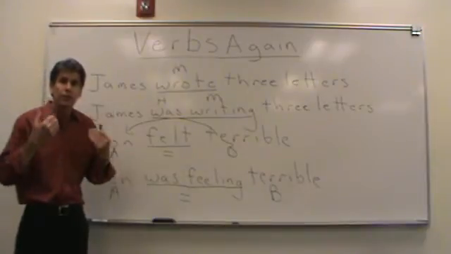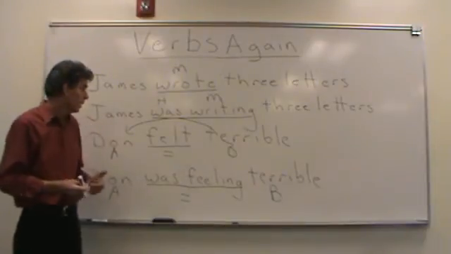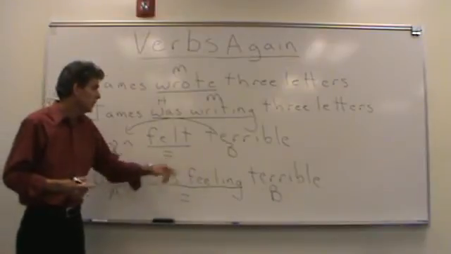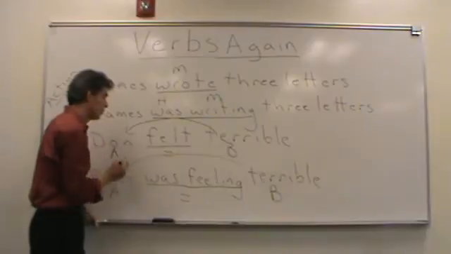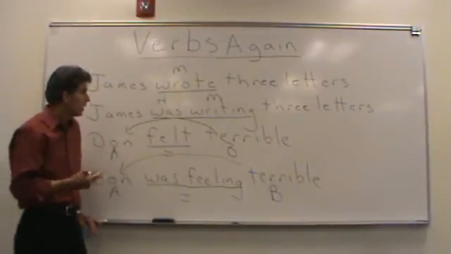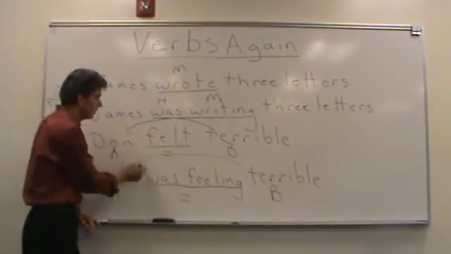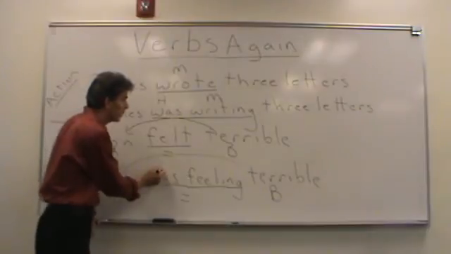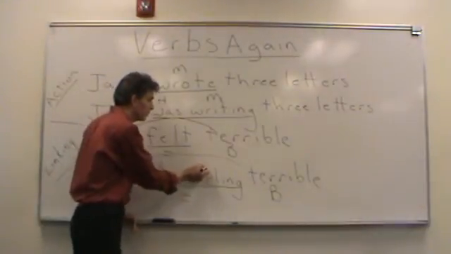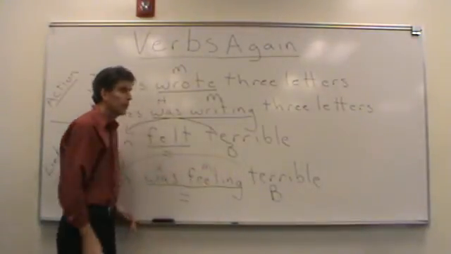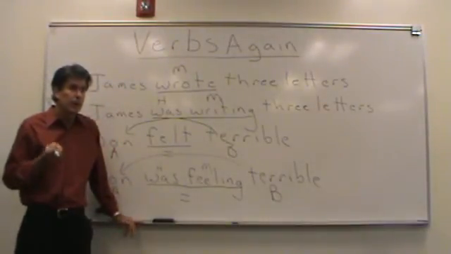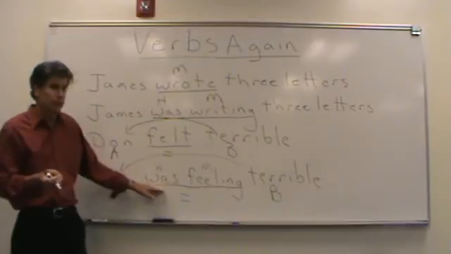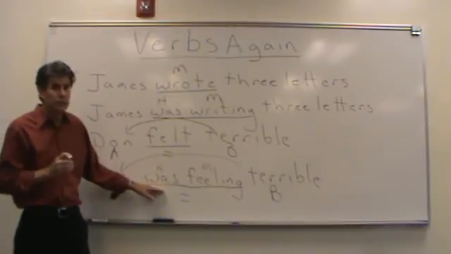It's just describing his state of being, the way he was. A equals B. The terrible is still describing Dawn. That's what it's doing. In this case, like we saw above, the helping verb comes in front of the main verb, which is feeling, and feeling in this case is a linking verb, so this remains a linking verb. It's a linking verb with a helping verb helping out. That's the logic of it.